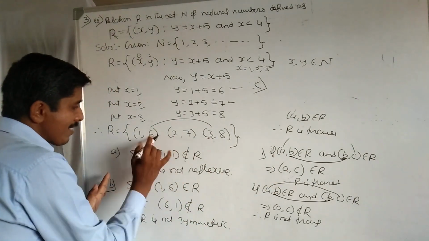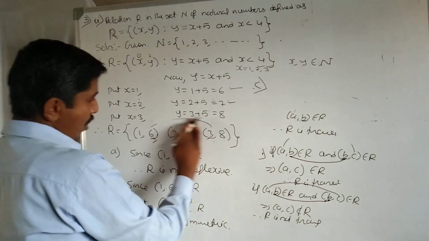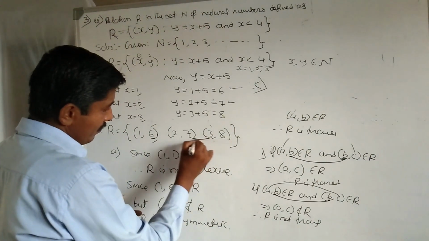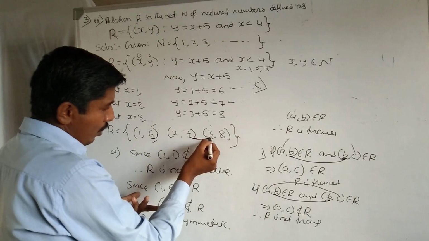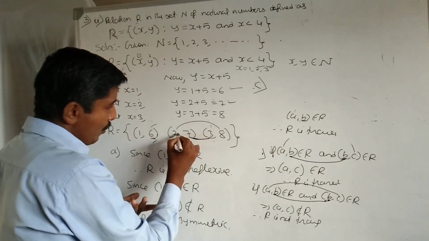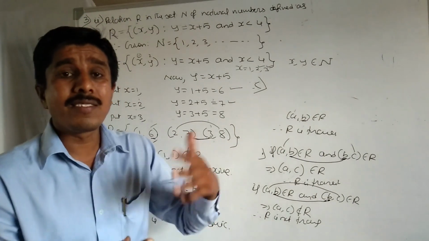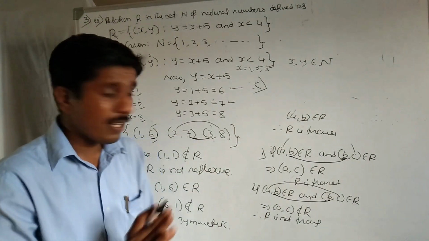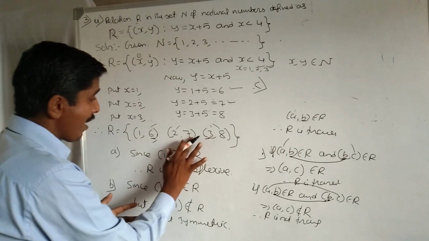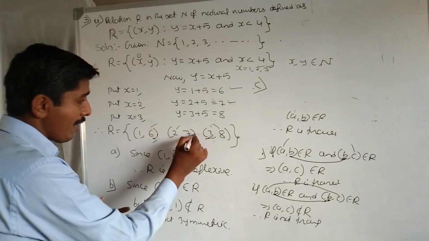This ordered pair itself is transitive. Suppose you take these two: 7 is not equal to 3, then no need to verify whether (2, 8) belongs to the relation. That ordered pair itself is transitive.